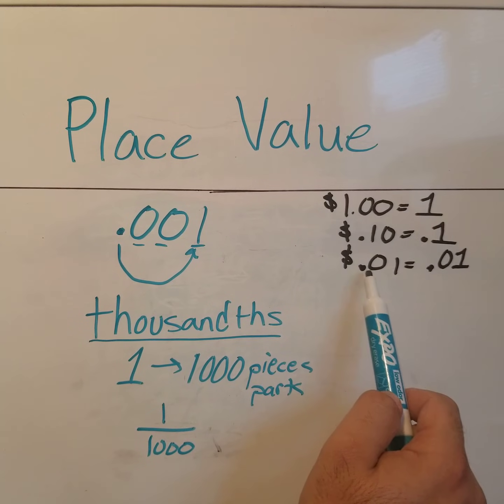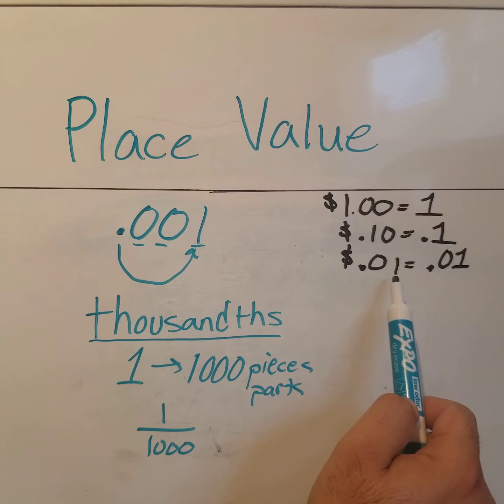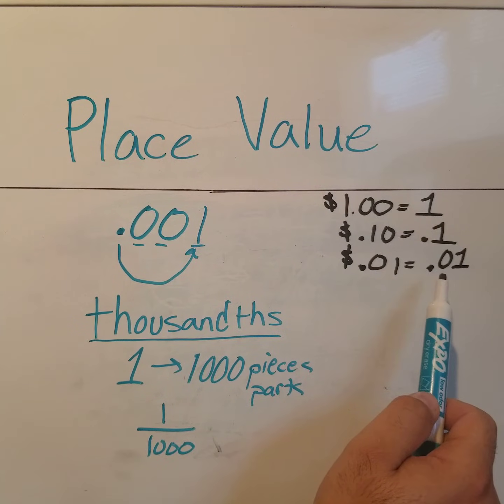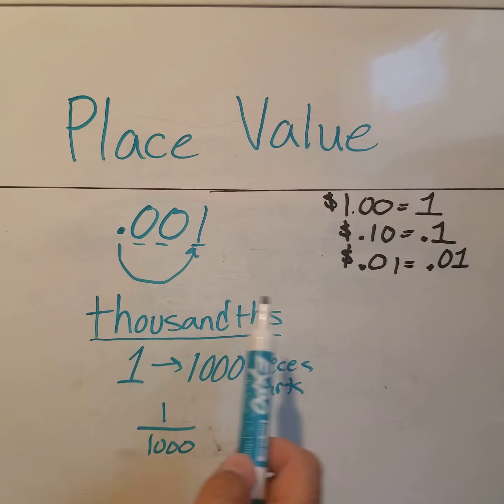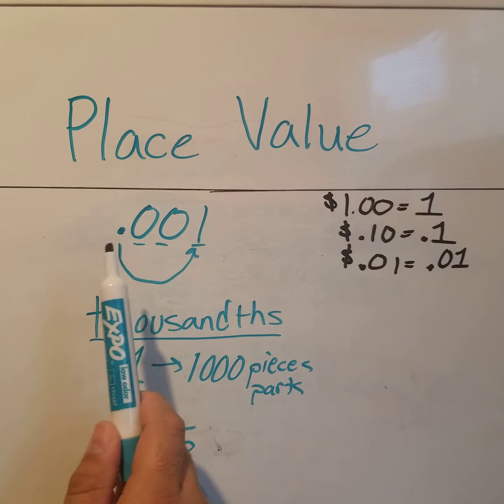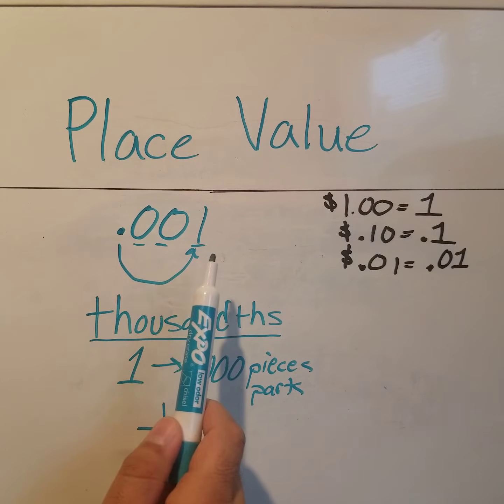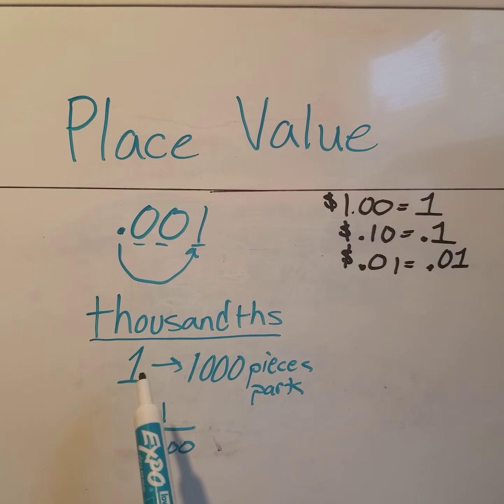And if I were to say you have 1 penny or 0.01, that is the equivalent of saying 1/100th. And then coming over to the thousandths, if I give you a 0.001, that's saying you have 1,000th of an inch.